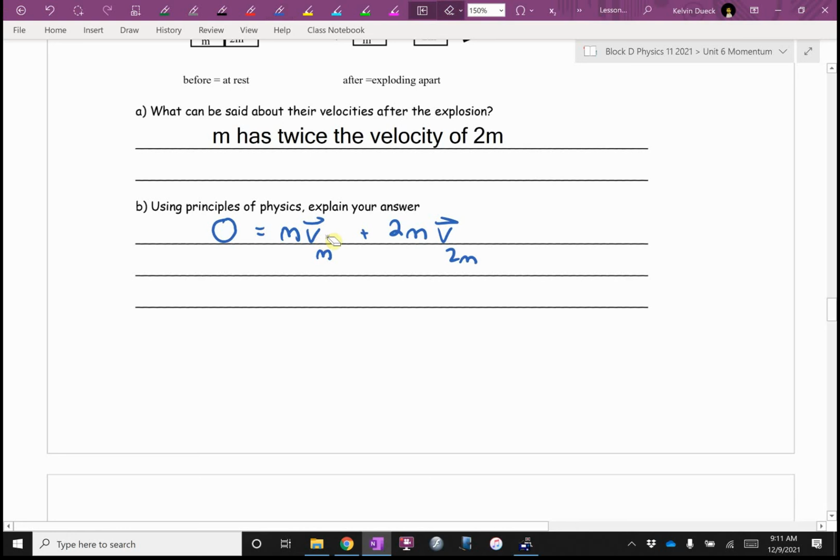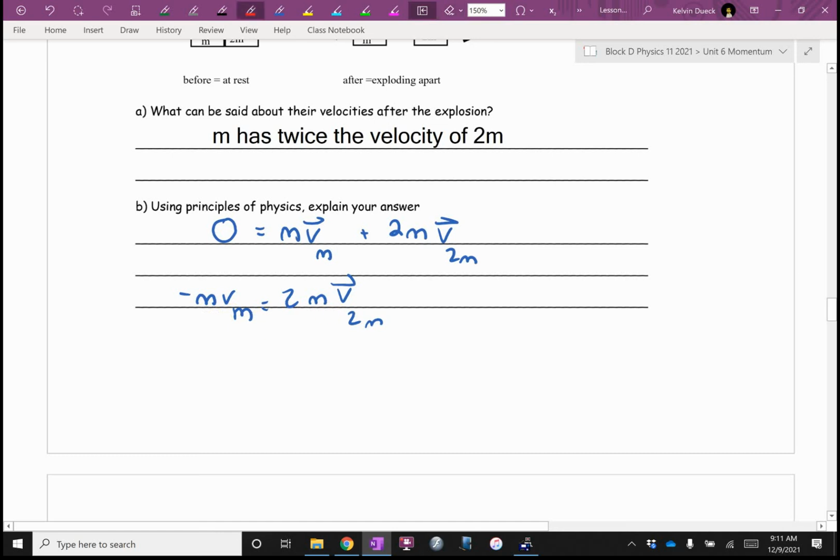Let's get this v here by itself. I think it's going to be negative m v_m equals 2m v_2m. And is there a little m right here?